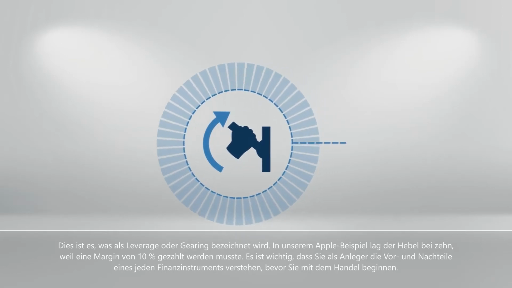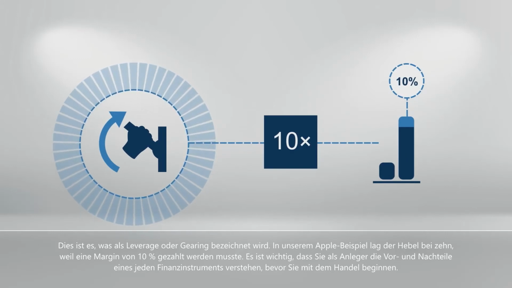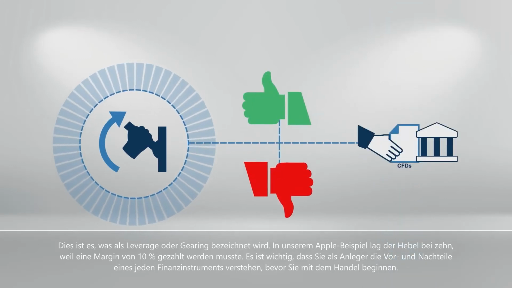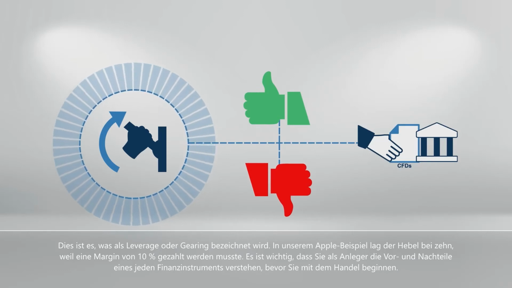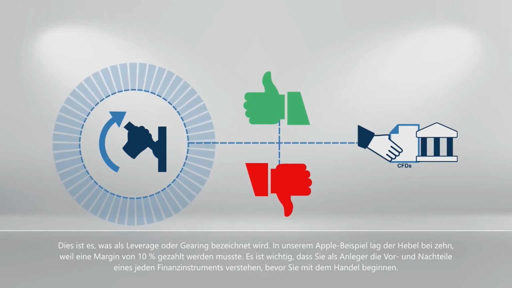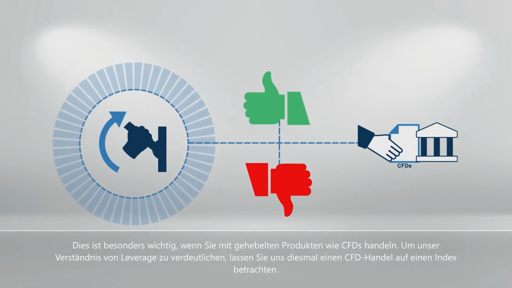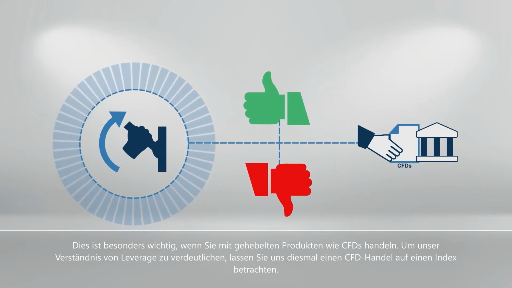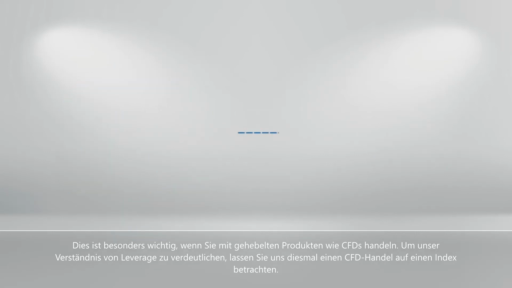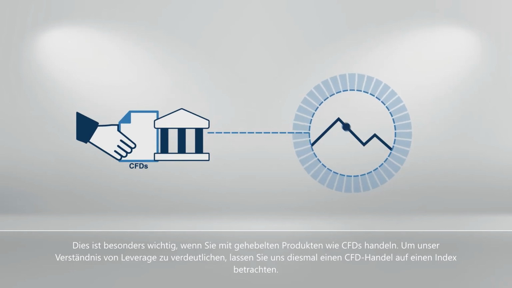In our Apple example, the leverage was 10 because a margin of 10% had to be paid. It is essential that, as an investor, you understand the advantages and disadvantages of any financial instrument before you start trading. This is especially important when trading leverage products such as CFDs. To really underline our understanding of leverage, let's look at a CFD trade on an index this time.